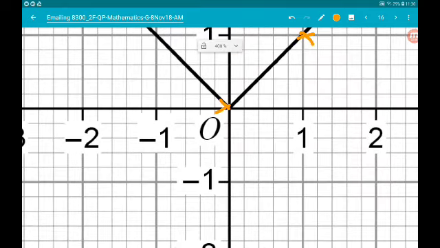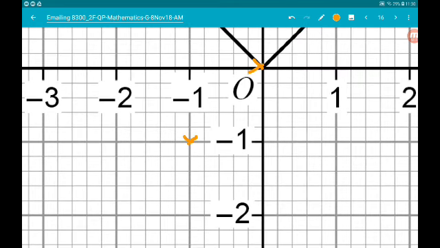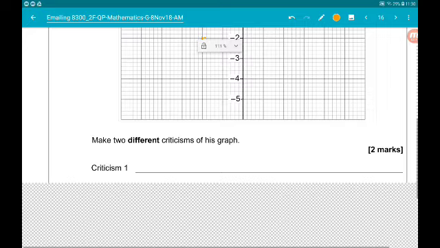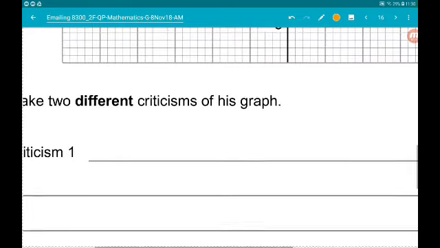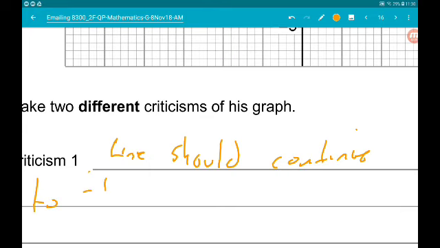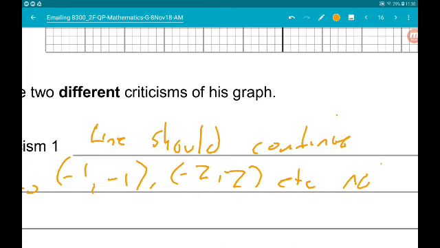So it should have carried on down to -1, -1, -2, -2, etc. So the first criticism is, the line should continue to -1, -1, -2, -2, etc. Not bounce back up. So it shouldn't be positive on the left.